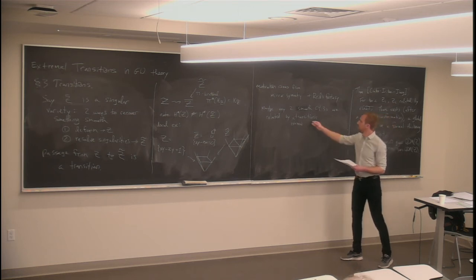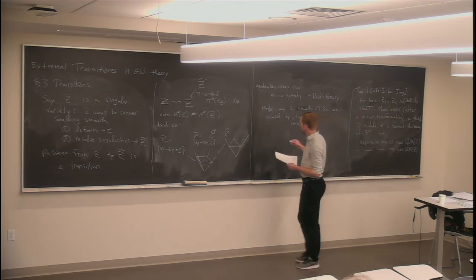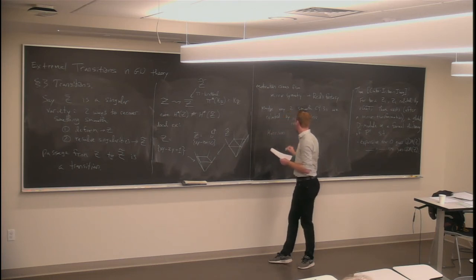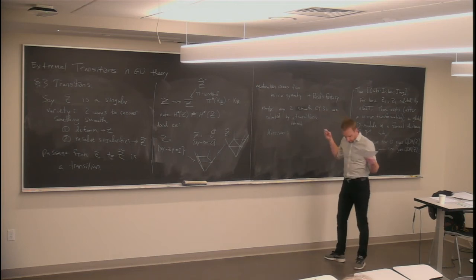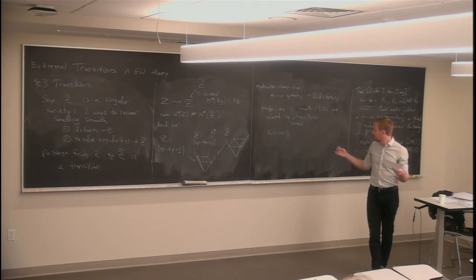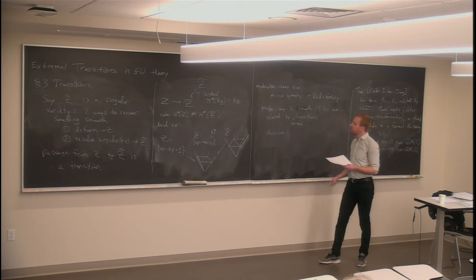So okay, maybe they're related by extremal transitions, and then Morrison has a result that says if you apply an extremal transition to some Calabi-Yau threefold, specifically I guess he was talking about conifold transitions, then the mirror also changes by a conifold transition.